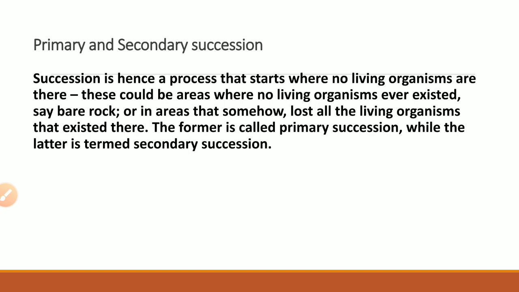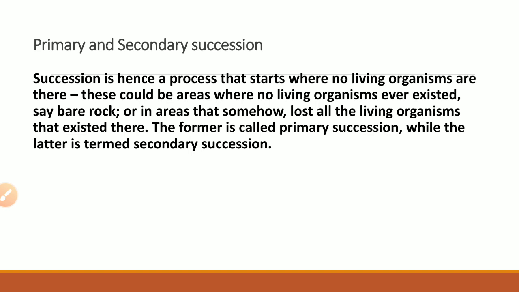So going by the definition, succession is a process that starts where no living organisms are there. There could be areas where no living organisms ever existed, say bare rock, or areas that somehow lost all the living organisms that existed there. The former is called primary, while the latter is termed secondary succession.